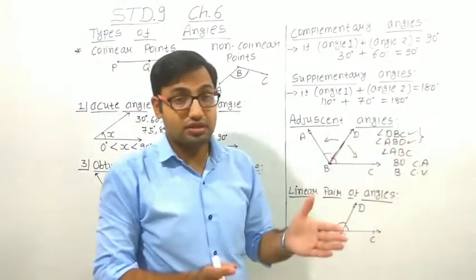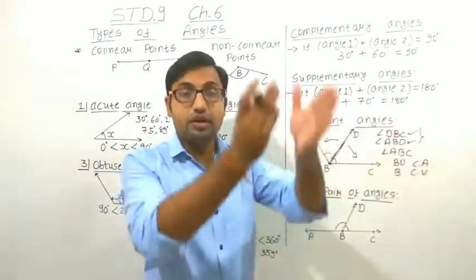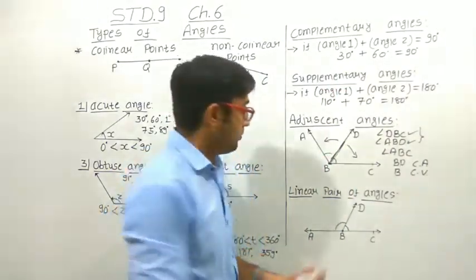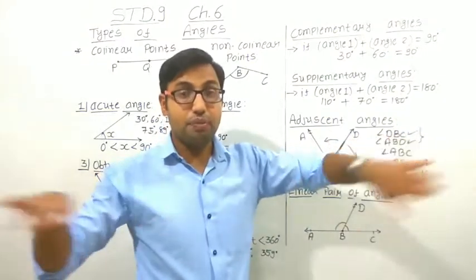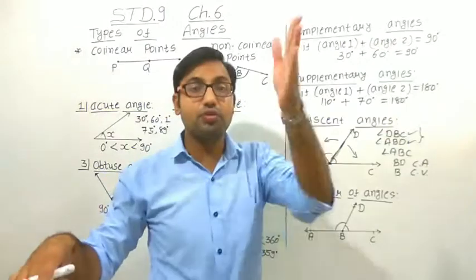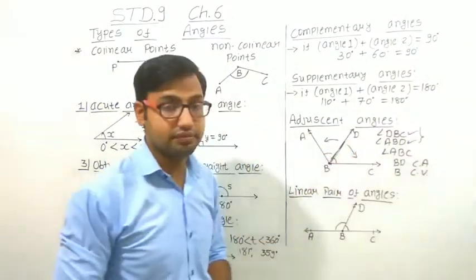If you have two classrooms in your school, both classrooms have one common wall, and they have the same origin, and the other walls are totally opposite to that common wall. You can compare it with this and understand the thing.